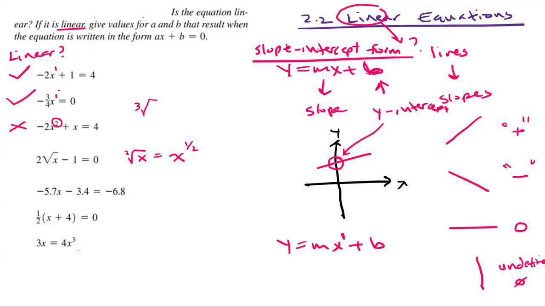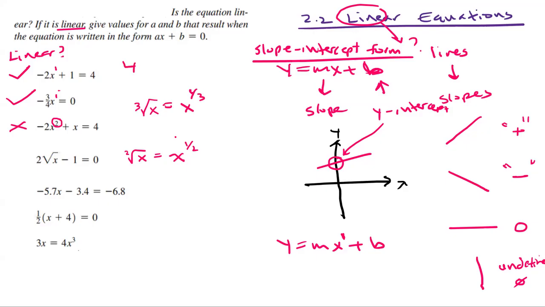You can have a cubic root, right? If square root of x is x to the 1/2, what's going to be the cubic root of x? What would that be? X to the what? 1/3, right?